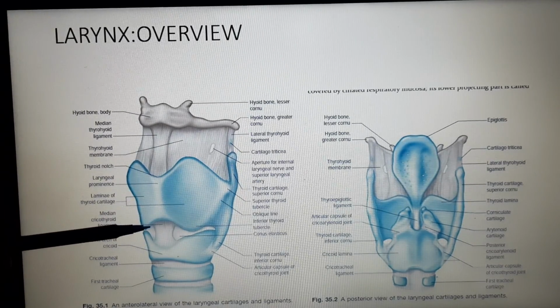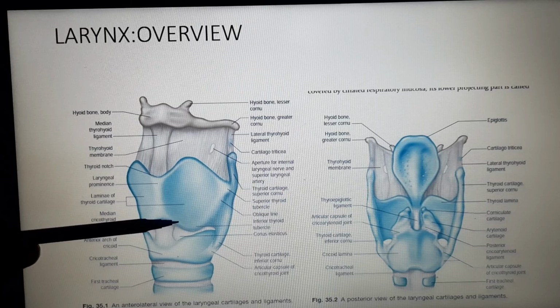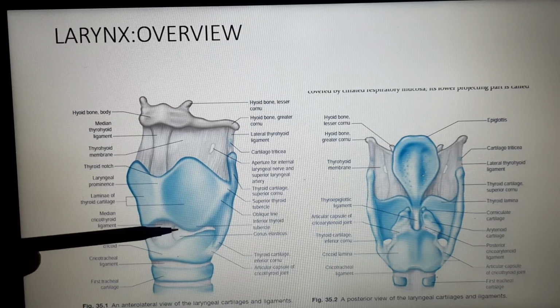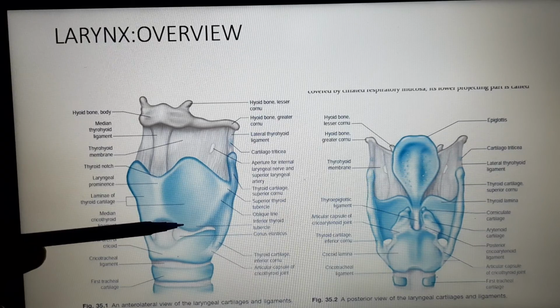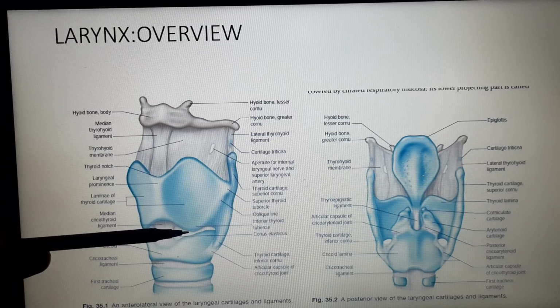Also, you can see that there is a membrane which connects the lower border of the thyroid cartilage and the upper border of the cricoid cartilage. This is the cricothyroid membrane.